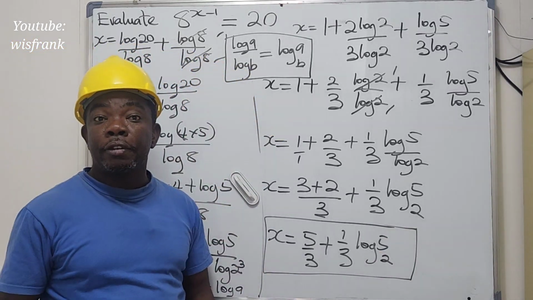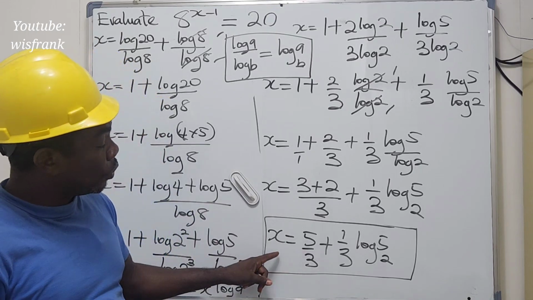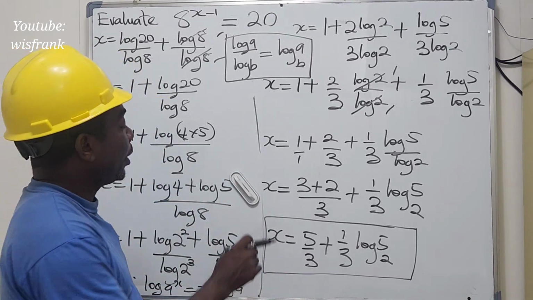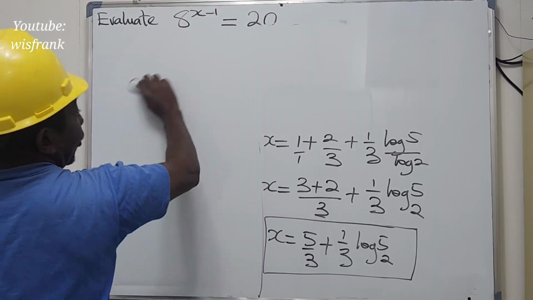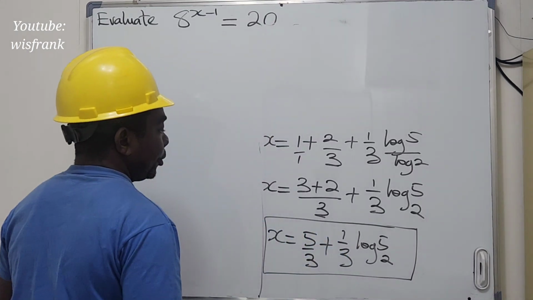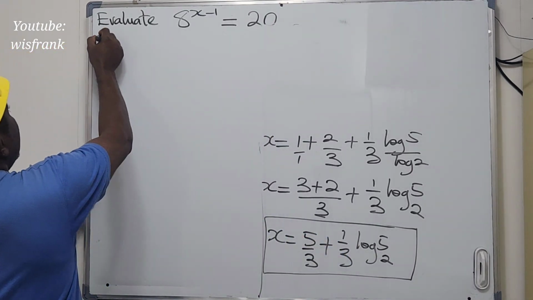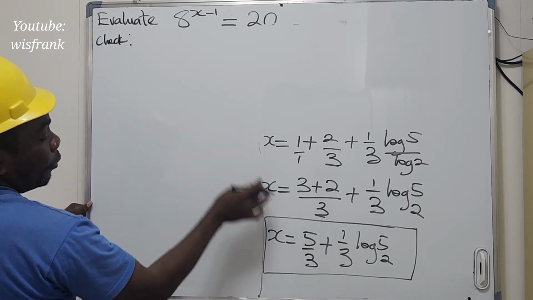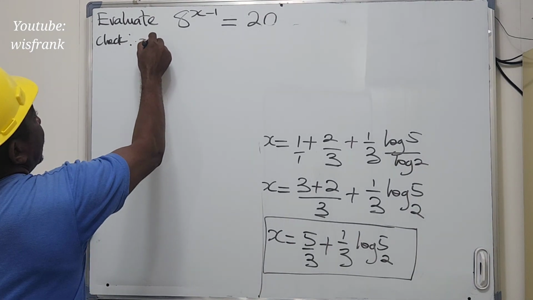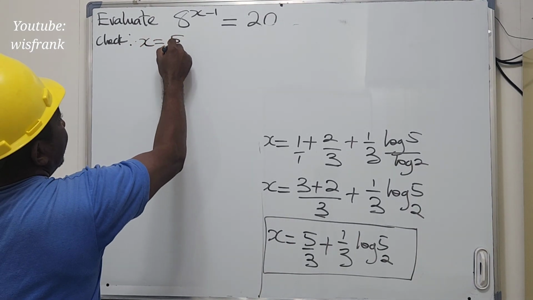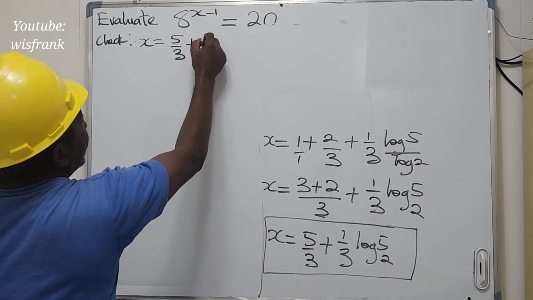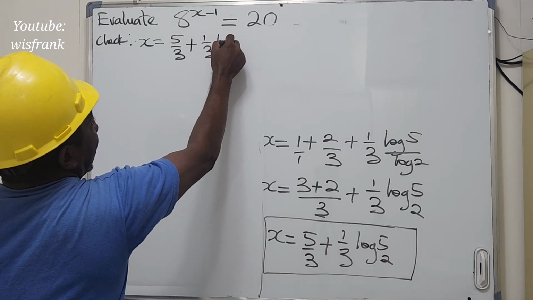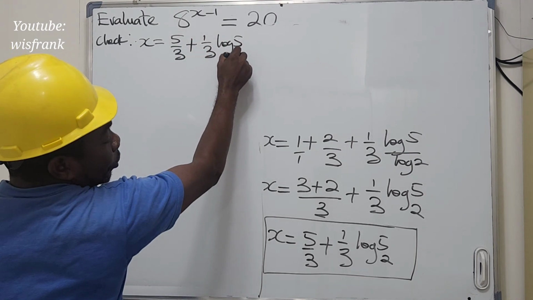We will do a little check to see whether this solution will satisfy that. Before we do that, we need to clean this up to continue our solution. So we need to carry out a little check to see whether x equals 5 over 3 plus 1 over 3 log 5 base 2.